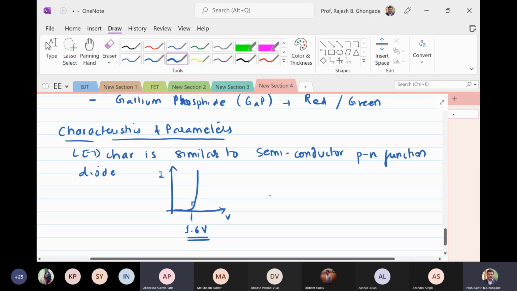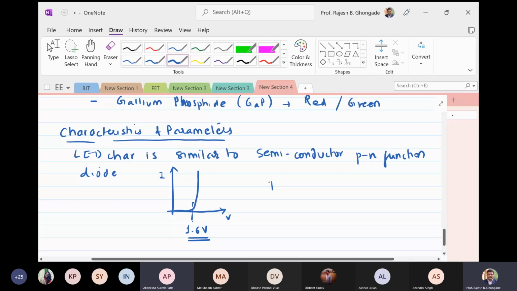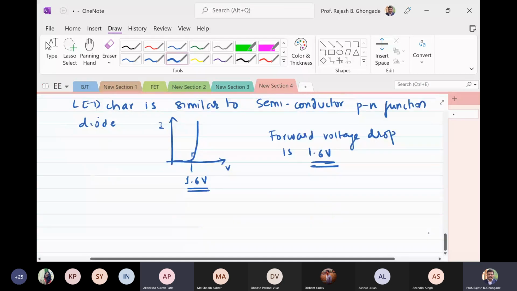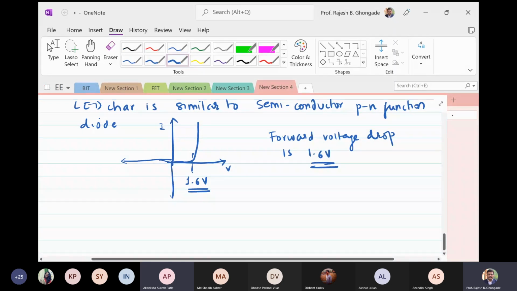So I can say that the forward voltage drop is 1.6 volts minimum. Please understand this difference. Now reverse breakdown. We have already seen the reverse characteristics. The reverse breakdown is actually very small.